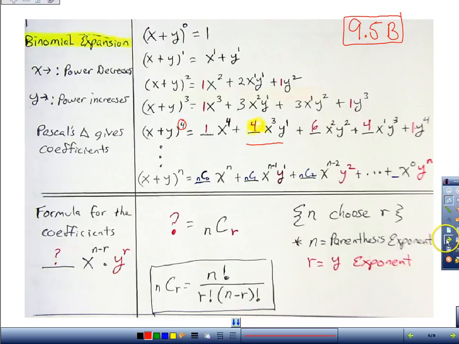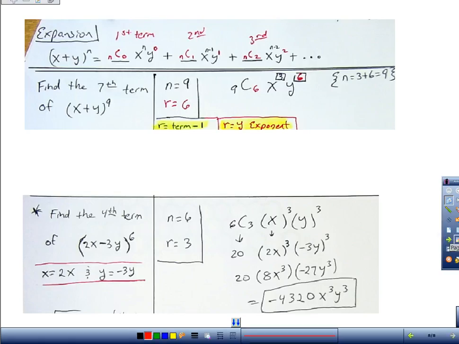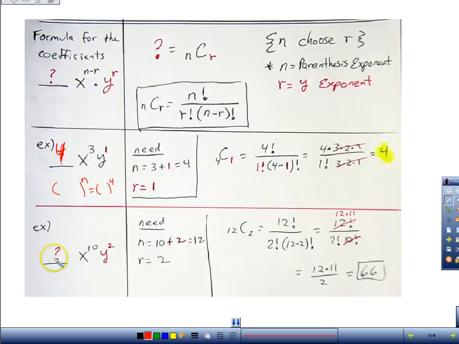Let me do another example. Here we have a different term, x to the 10th, y squared, and what is this coefficient? Once again, to use the n choose r formula, we need n and r.